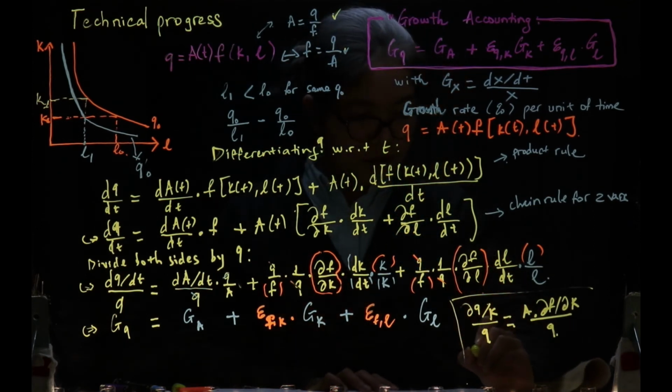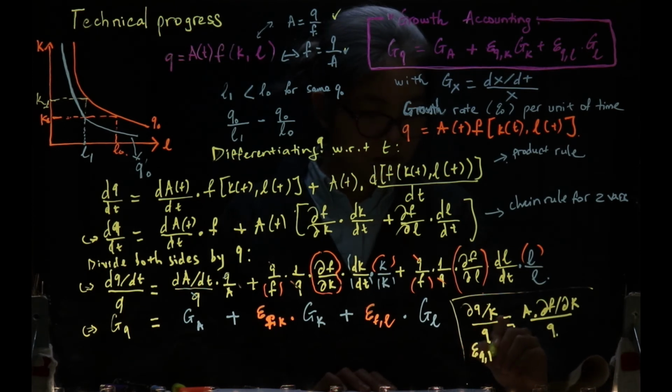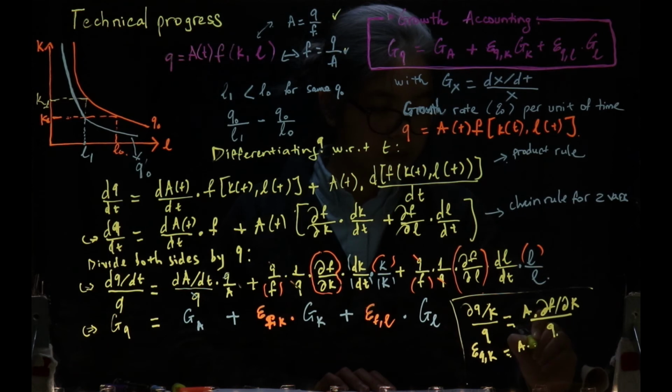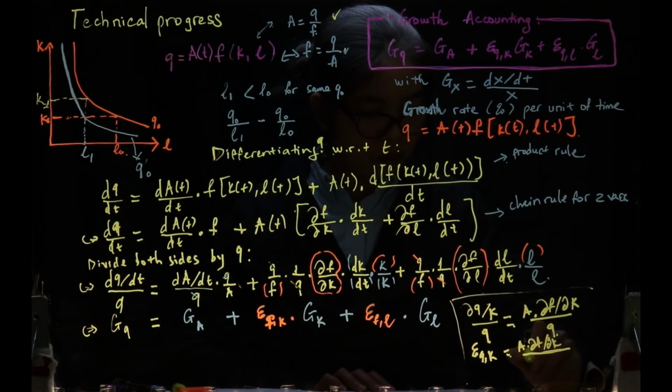So the elasticity of Q with respect to K equals this term, K over Q. Q here is A times F, right?